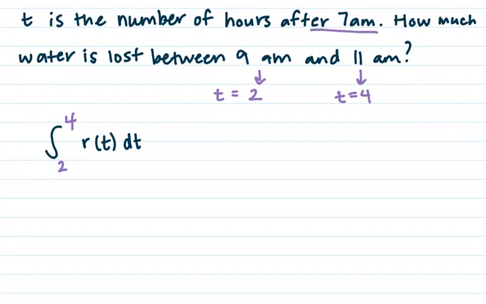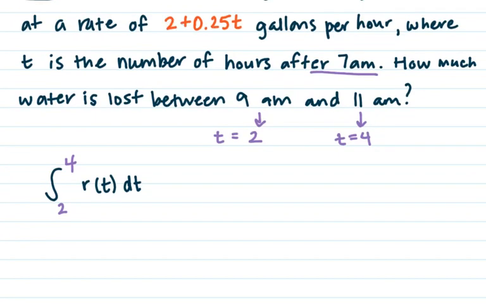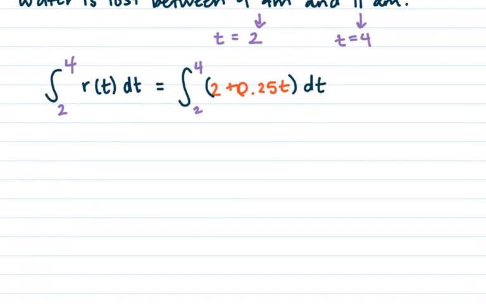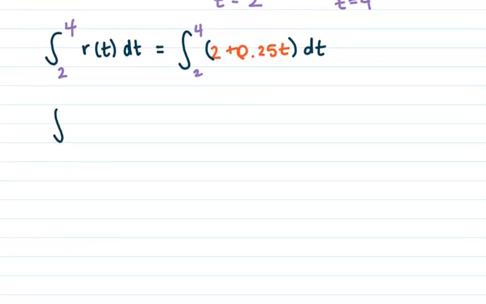Then they gave us a specific function for the rate, which was 2 plus 0.25t. So that's what we're trying to find here: the integral from 2 to 4 of 2 plus 0.25t dt. What I might do is rewrite that as 2 plus 1/4 t.